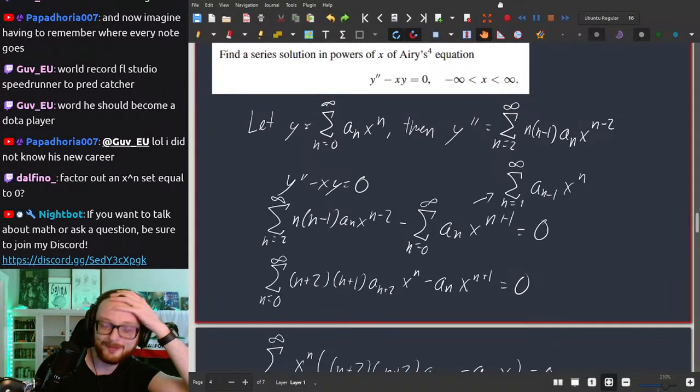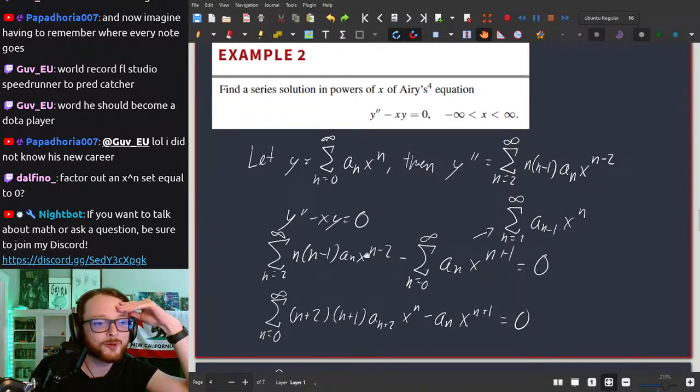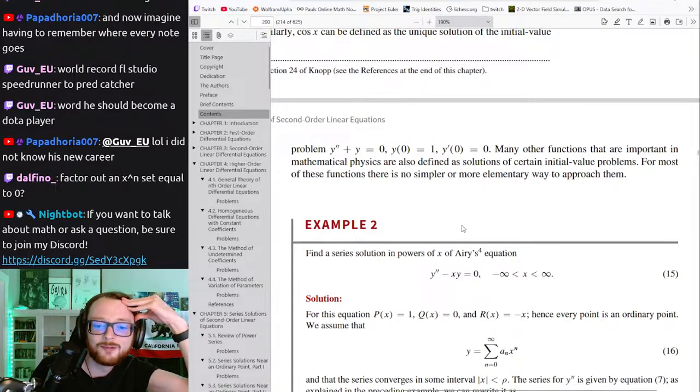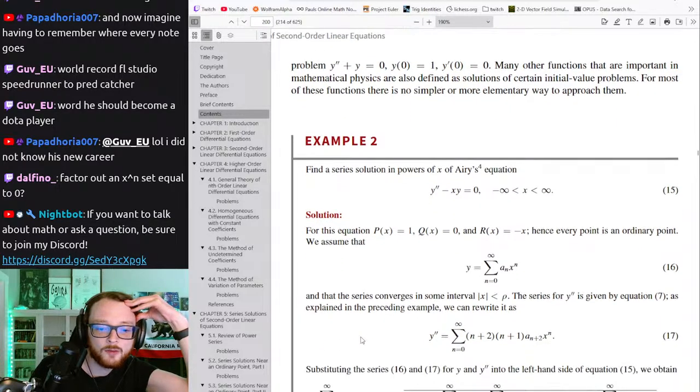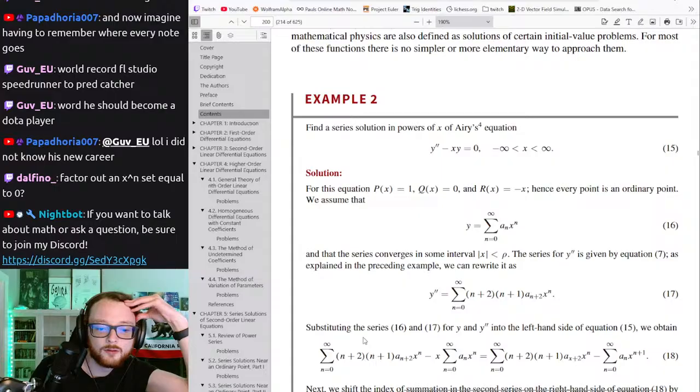Okay, you know what? This is an example from a textbook. Let's maybe look at the first bit for a hint. So this is the example problem where it starts. Yep, got that. Got this.